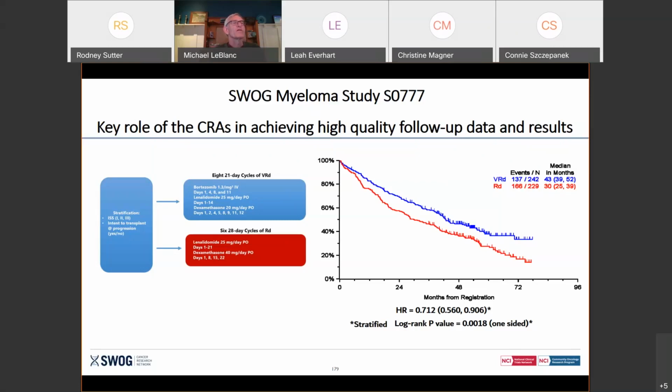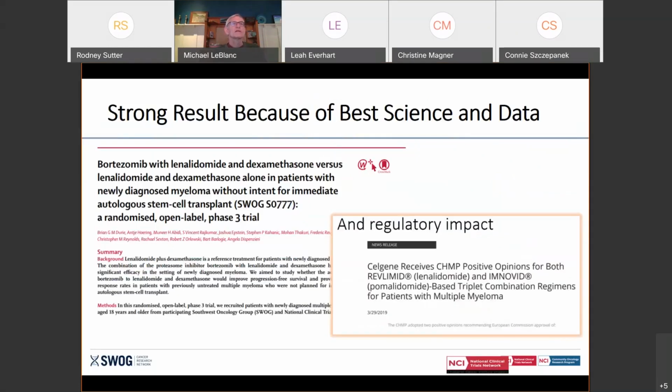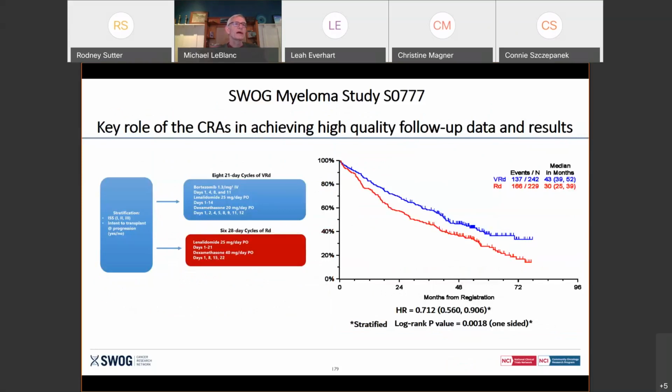On the right-hand side, you see progression-free survival curves, the blue line above the red line, the blue line corresponding to progression-free survival for the triple drug versus the red line for the 2-drug. If you read these curves, which is an important thing to do to understand what's going on, in the experimental arm there was 43 months median progression-free survival versus 30.